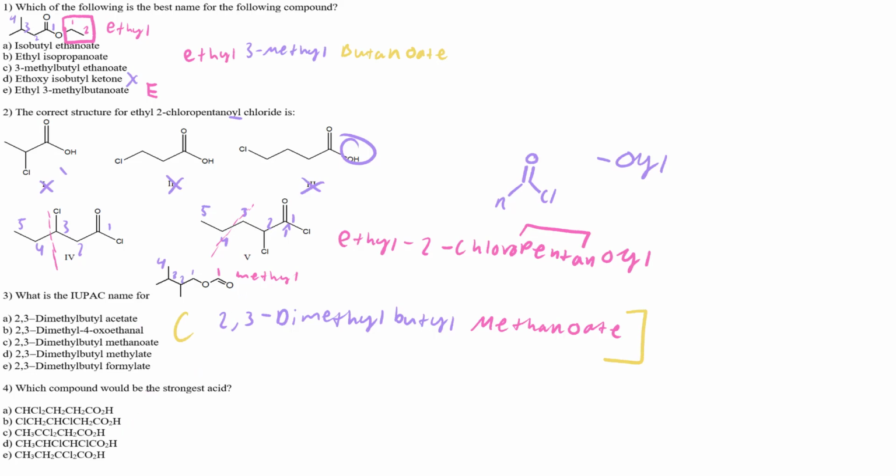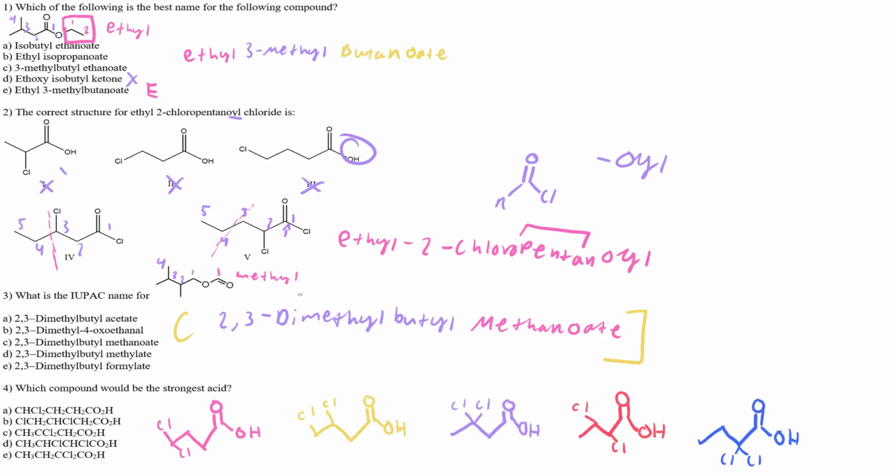And which compound would be the strongest acid? So I'll actually write these out for you. Okay, so here are the structures drawn out, and we have to find out which one would be the stronger acid. So we already know that carboxylic acid is a really strong acid. It's great, it's amazing. But which one is the strongest? Notice that for all my compounds, I have some halides.